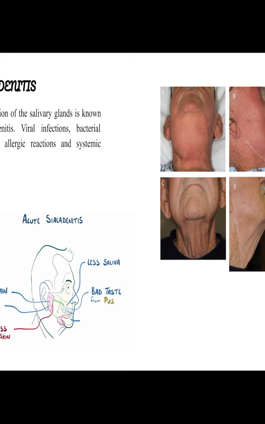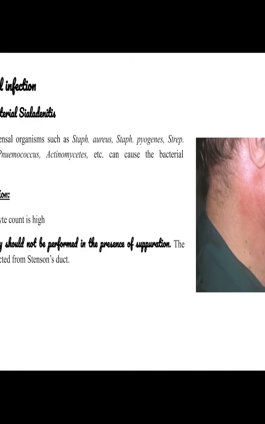Sialoadenitis is also known as inflammation of the gland due to viral or bacterial infection. We have bacterial infection, as in acute bacterial sialoadenitis, caused by commensal species such as Staphylococcus aureus, Streptococcus pyogenes, and Streptococcus viridans.